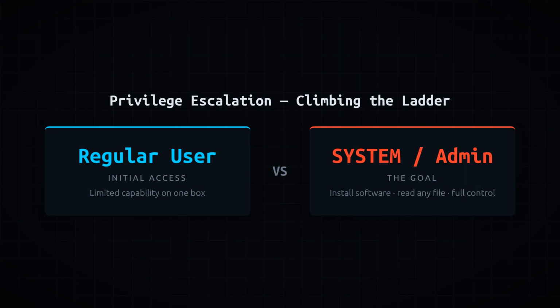Common privilege escalation techniques include exploiting misconfigured services running as SYSTEM, abusing group policy misconfigurations, token impersonation in Windows, and exploiting unpatched local privilege escalation vulnerabilities. Tools like WinPEAS and LinPEAS automate privilege escalation enumeration. They run on the compromised machine and output a prioritized list of potential escalation paths based on the system's specific configuration.